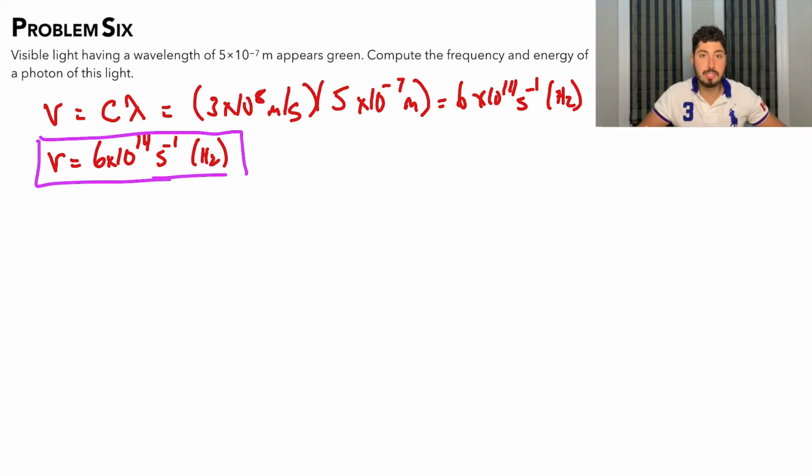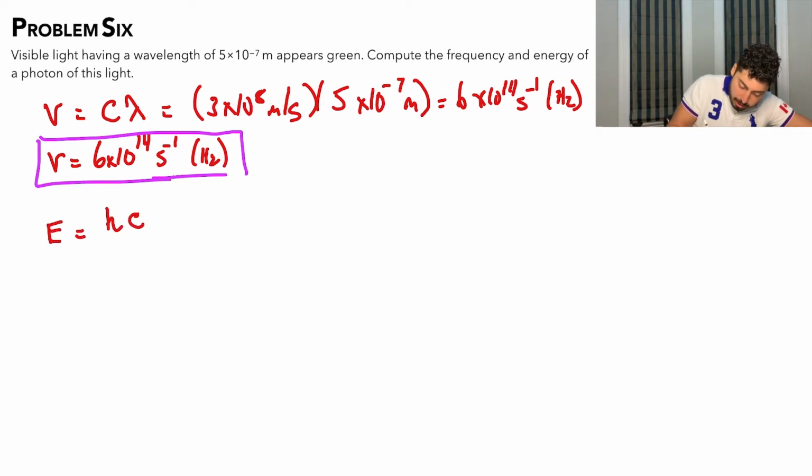So that is our frequency, and the next thing we need to do is calculate our energy. So our energy is equal to hc divided by lambda, where h is Planck's constant and c is the speed of light.